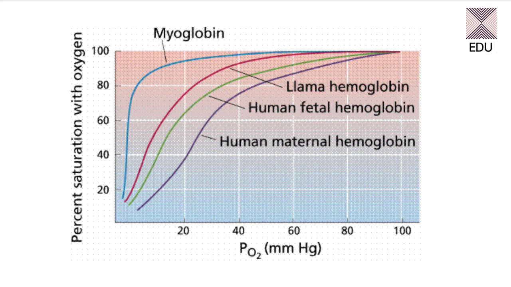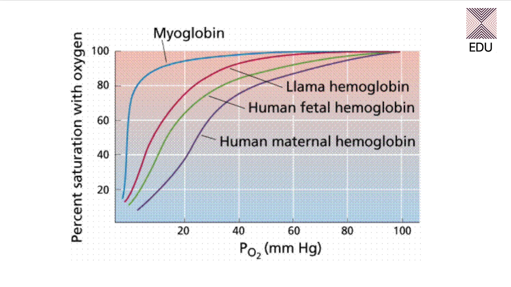The violet line is for the human maternal hemoglobin. When the fetus is developing inside a female, the blood which is given to the fetus, the hemoglobin of that blood, the maternal blood, is taken over here. So it is again of good efficiency.